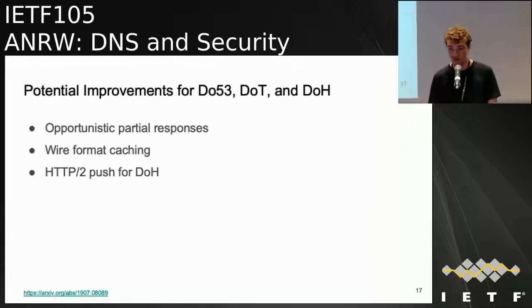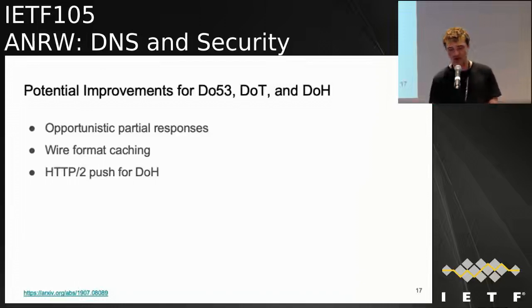We also believe wire format caching could help, as previously discussed. In Firefox's DoH implementation, the transaction ID is 0 by default. What this means is that once an answer is cached on a recursor, it knows what the exact format of the response is going to be. So you could simply cache the entire wire format instead of having to read the answer from the DNS cache each time. This could instead be an HTTP cache.